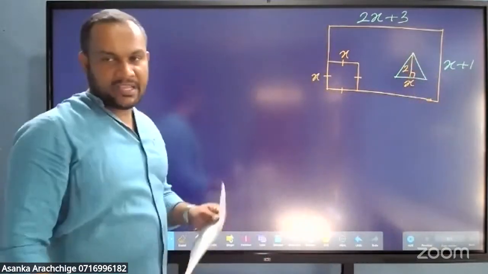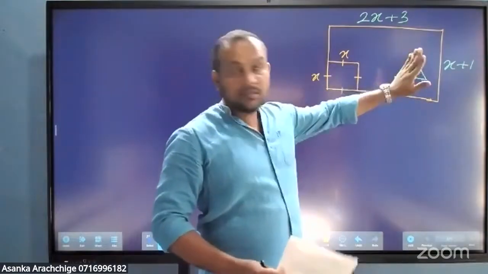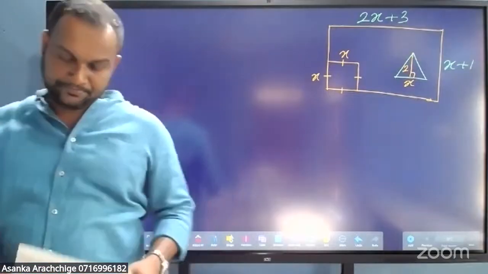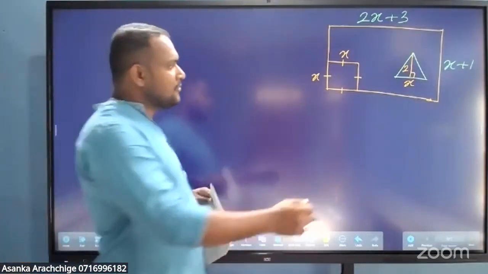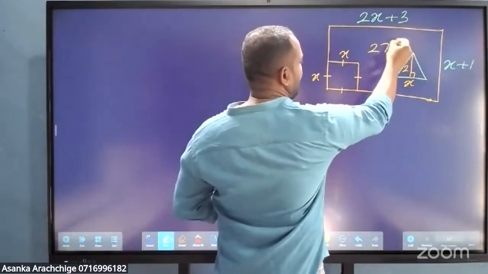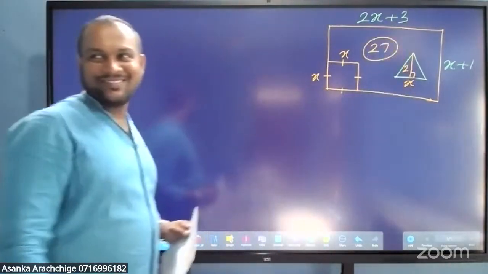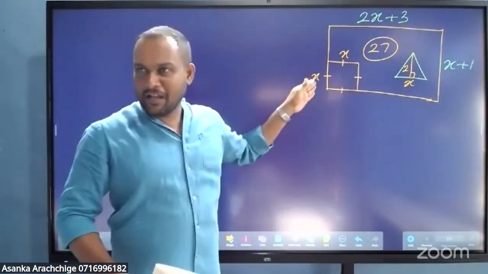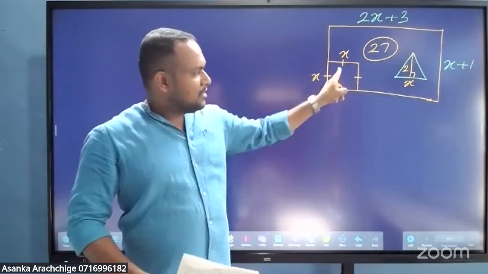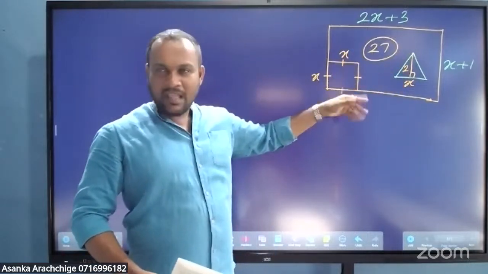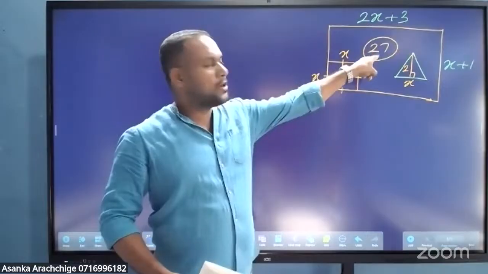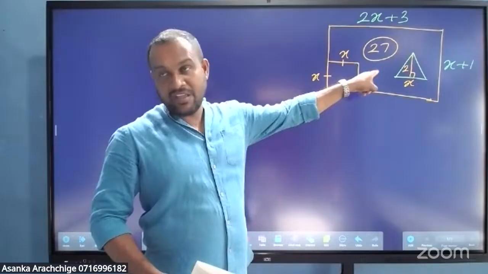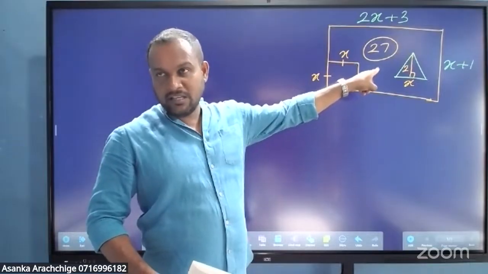Then in the remaining part, Mukunuwenna is grown, and the area of that remaining part is 27 square meters. First we have to find the total area of the rectangular land. Then find the sum of these two, and by subtracting that sum from the total area, we should get the area of the land where Mukunuwenna is grown.